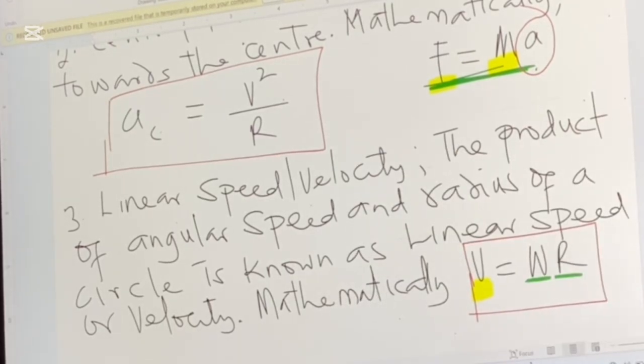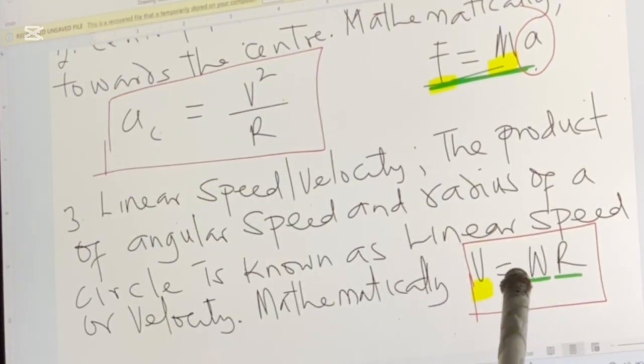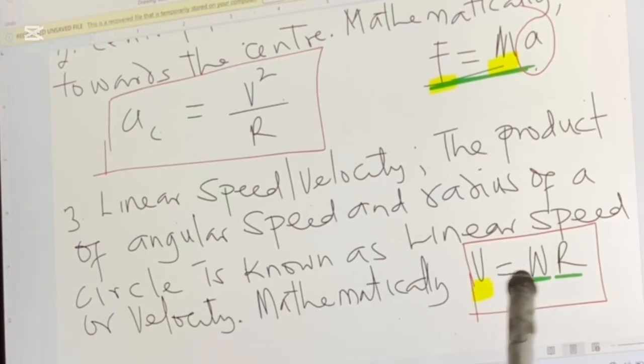But there's what you need to know about omega. This symbol here, which is omega, changes depending on what you are relating it with. Omega can be called angular velocity, and can also be called angular frequency. Please take note. So when do we call omega angular velocity, and when do we call omega angular frequency?